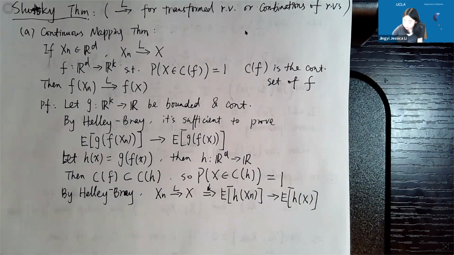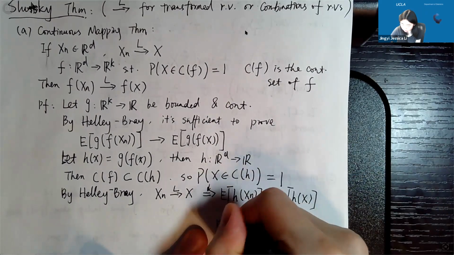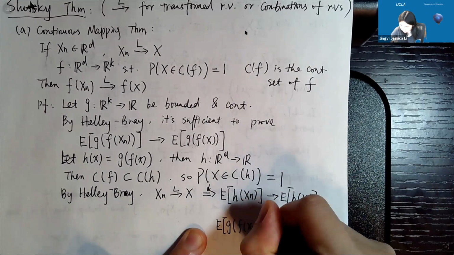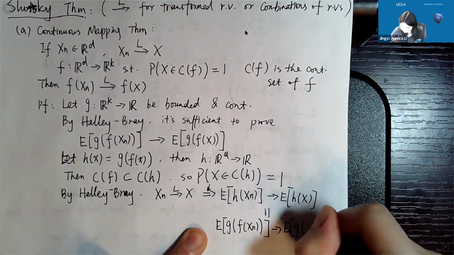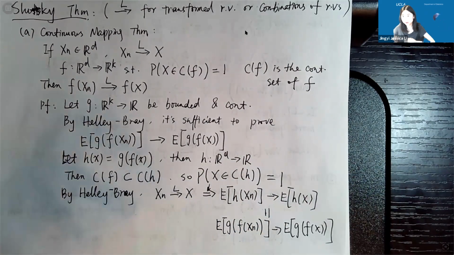And now you see, this is equivalent to the expectation of g of f(xn) converging to the expectation of g of f(x), right? And now we only worry about g. G by our definition is any function that's bounded and continuous.